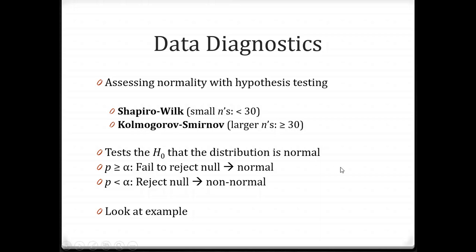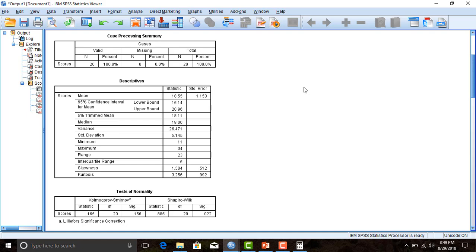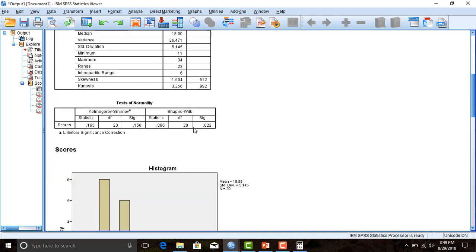So if we go back to our example, we'll keep using the same one. Underneath your descriptives box, you should see a little box that says tests of normality. And like I said, regardless of whether you want one or not, you're going to get them both. And you have to make the decision about which one to consult based on how many observations you have in the sample.